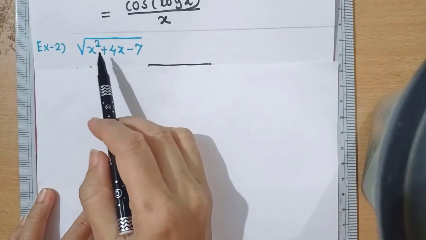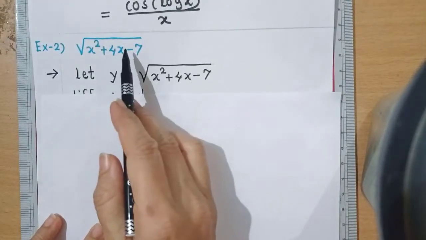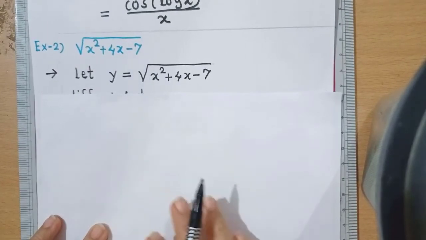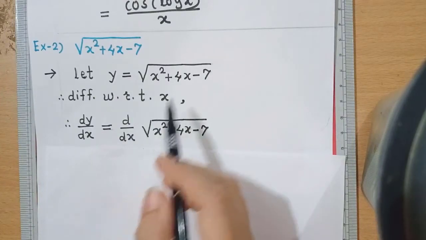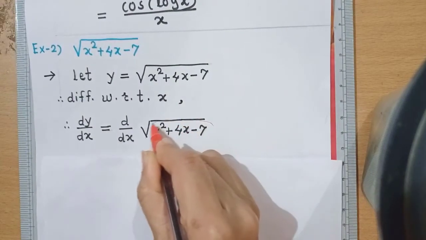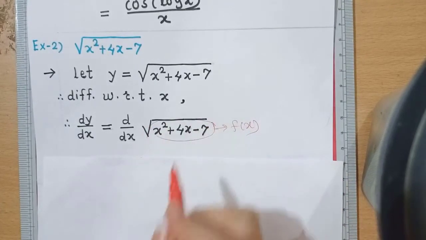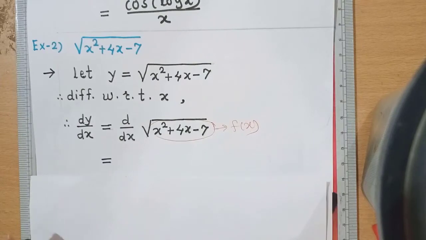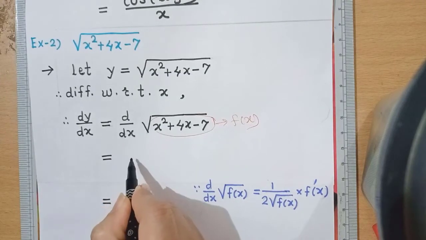Very easy. Now let's solve the second example, and as usual our first step is, let y be equal to the given function. Again differentiating with respect to x, we have dy by dx is equal to d by dx of this function. So here we will assume the expression inside as a function of x. We will use the root of f(x) formula, and its answer is, the derivative of root f(x) is 1 upon 2 root f(x) into f dash of x.